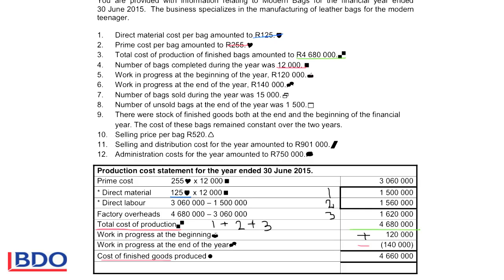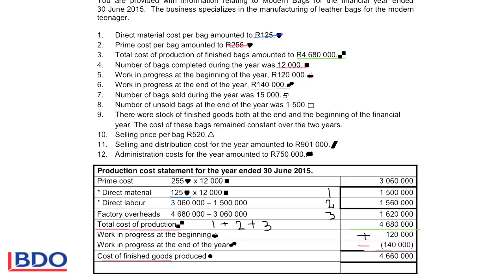So it means that I will add the 120,000 because that is the goods that will be completed during the current year. And it will form part of the closing products at the end of the year. The work in progress at the end of the year is 140,000, so we will subtract the 140,000, and then I can determine what is my total cost of finished goods.